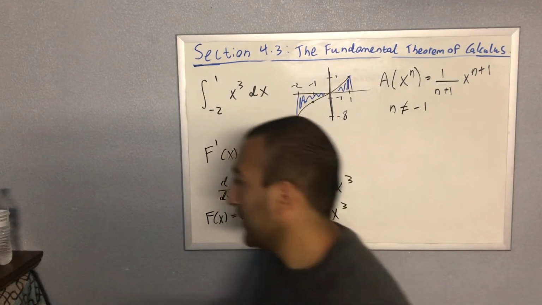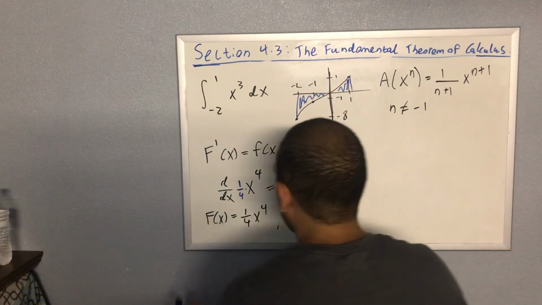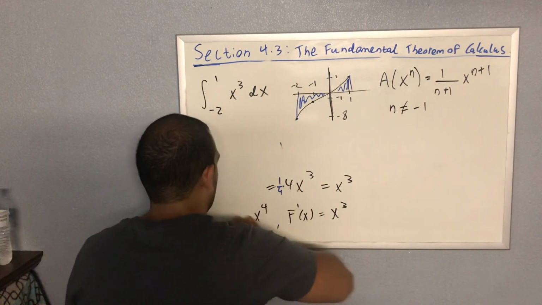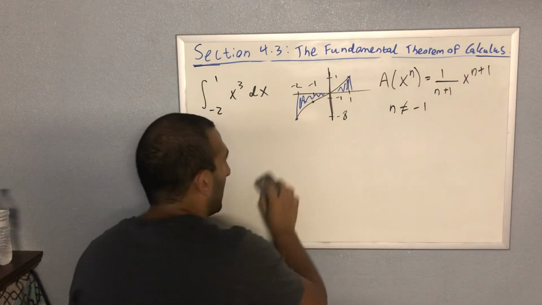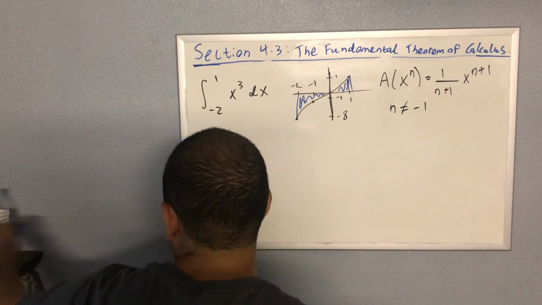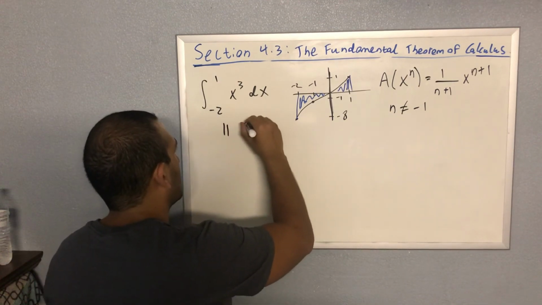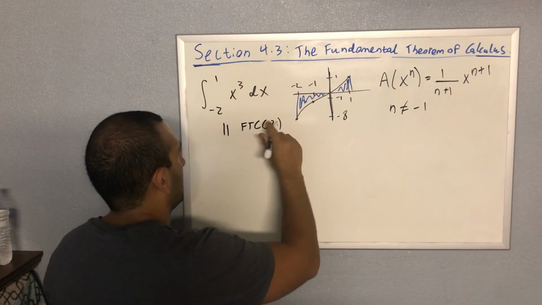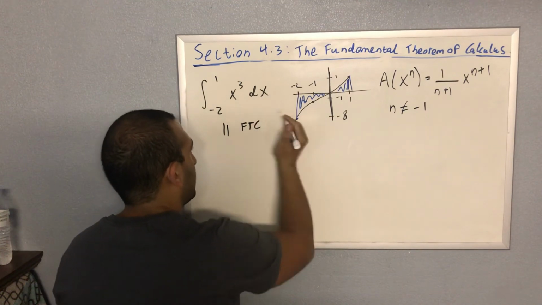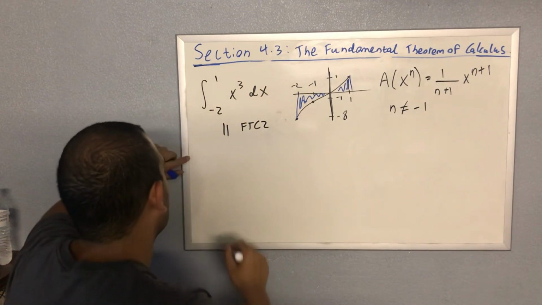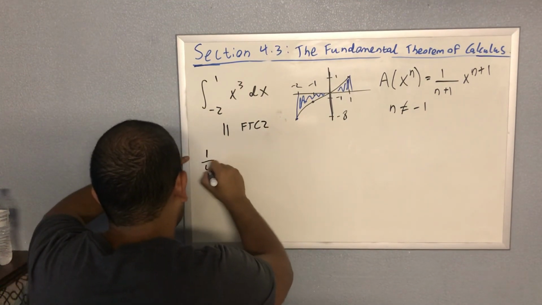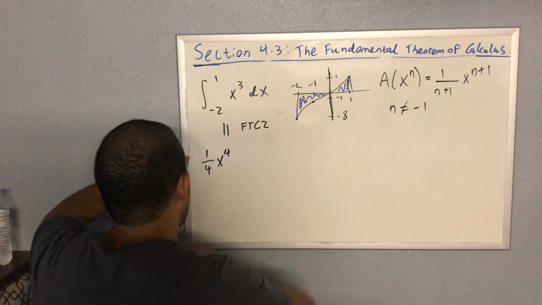So back to what we were doing. Sorry to get sidetracked. So we know by the fundamental theorem of calculus 2, or sorry, just FTC 2, that this is going to be 1/4 x to the 4th.